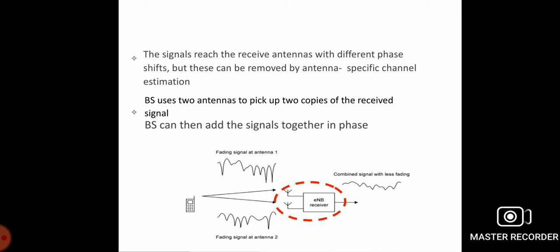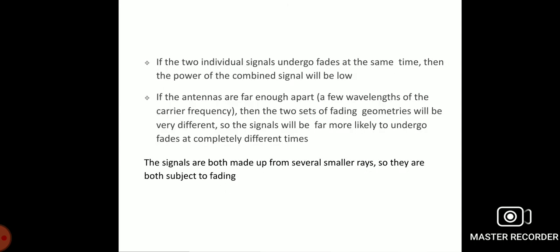The base station uses the two sets of antennas to pick up two copies of the received signal. The base station can then add the signals together in phase to recover the original information in the weighted signal.